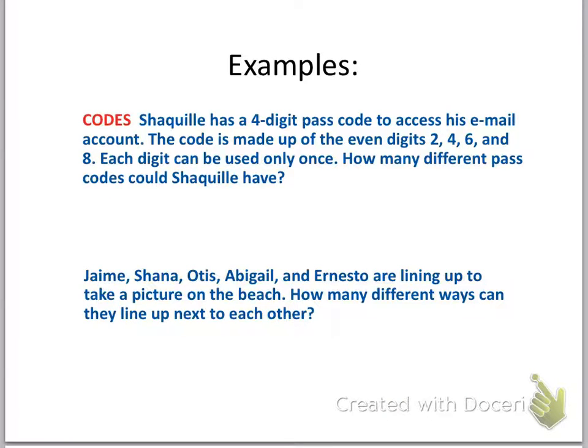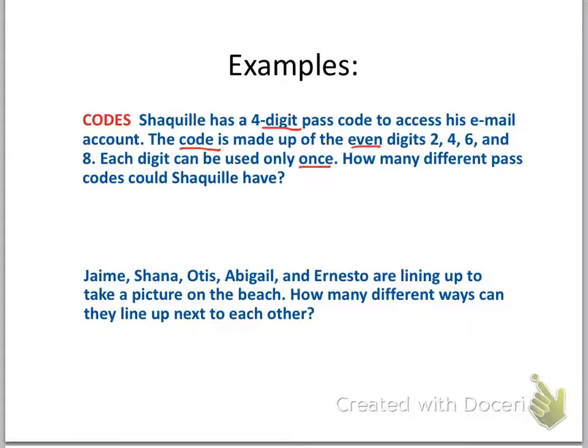Okay, so let's talk about these permutations now. Here's some examples. Shaquille has a 4-digit passcode to access his email account. The code is made up of even digits, 2, 4, 6, and 8. Each digit can be used only once. How many different passcodes could Shaquille have? So you notice here the order would be important.